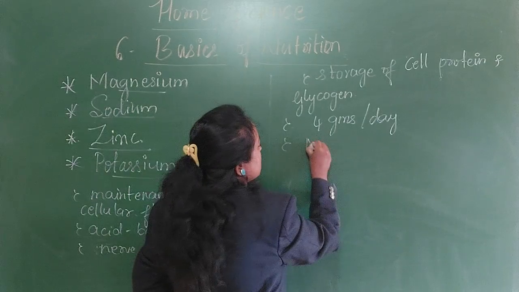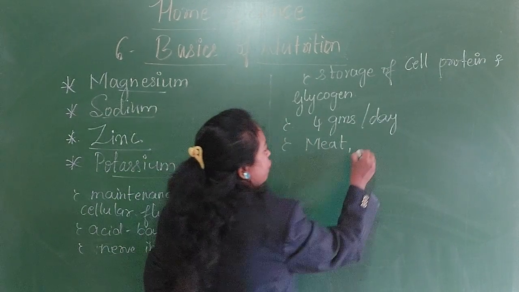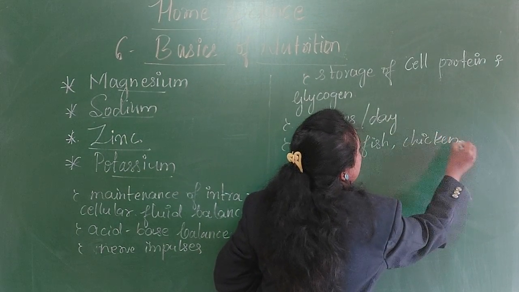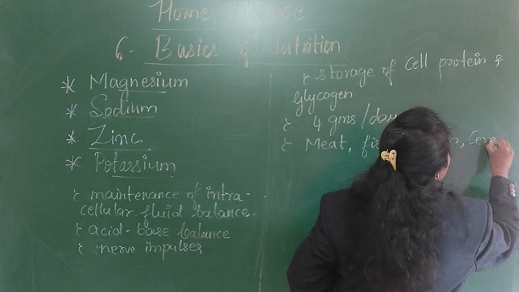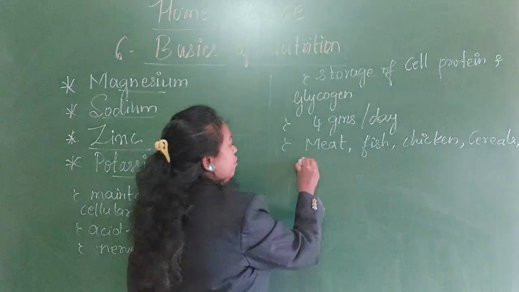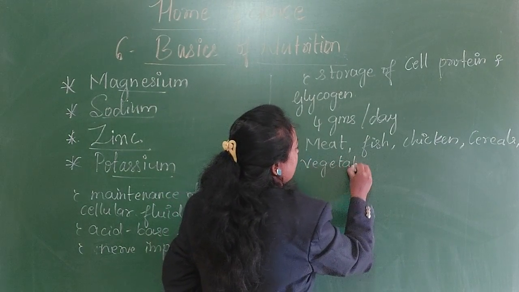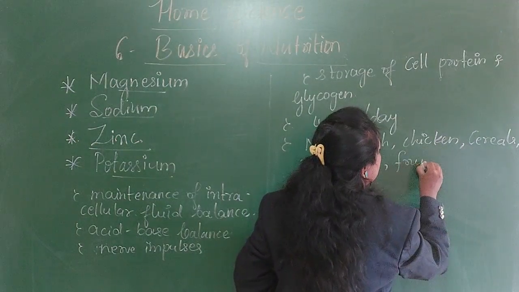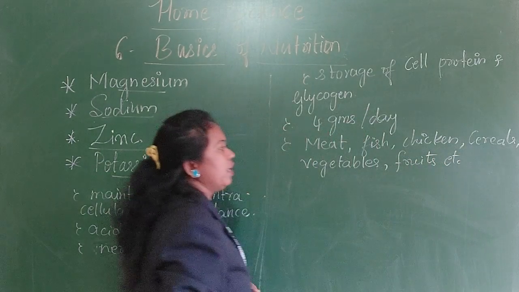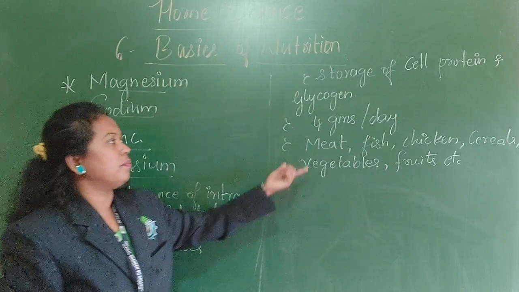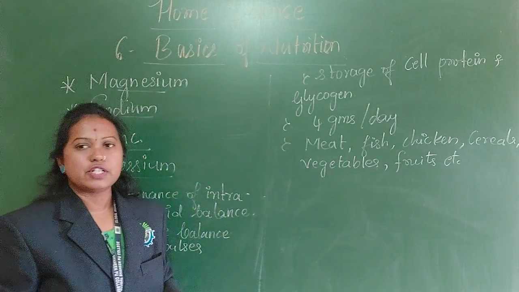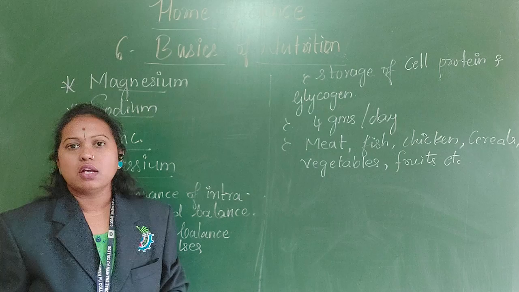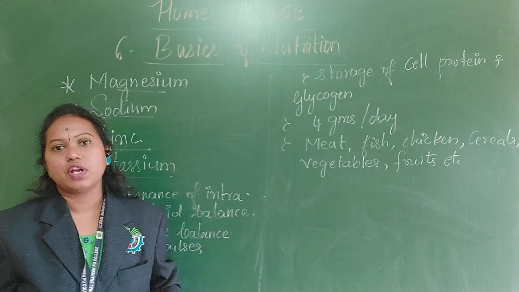The sources of potassium are meat, fish, chicken, cereals, vegetables, fruits, etc. Green leafy vegetables and fruits like apricots, peaches, banana, orange, pineapple, etc. are some of the food sources.